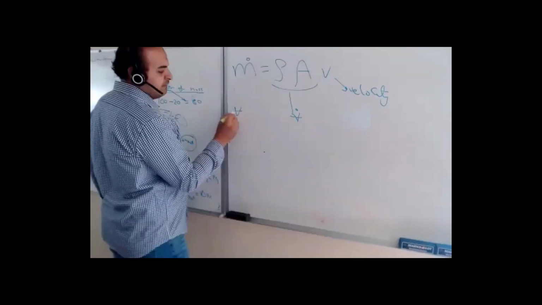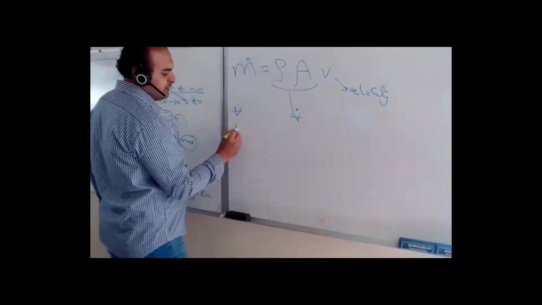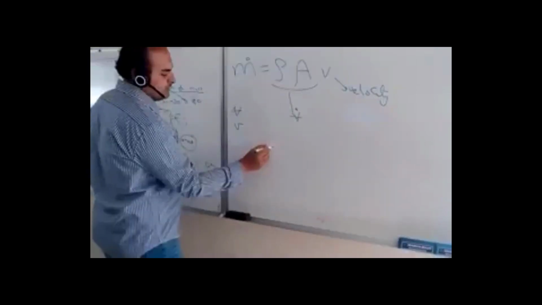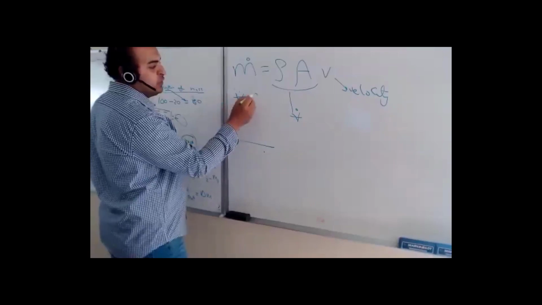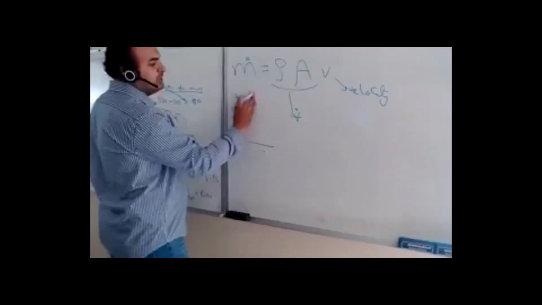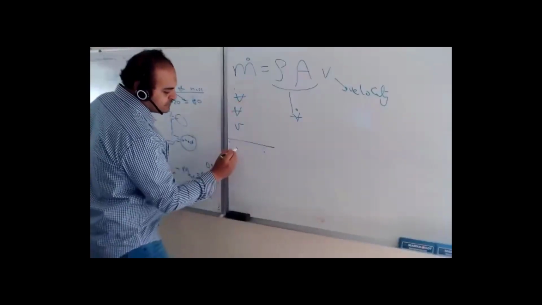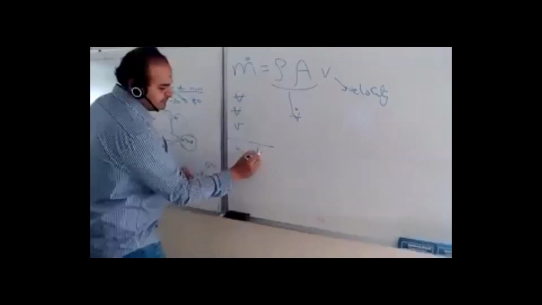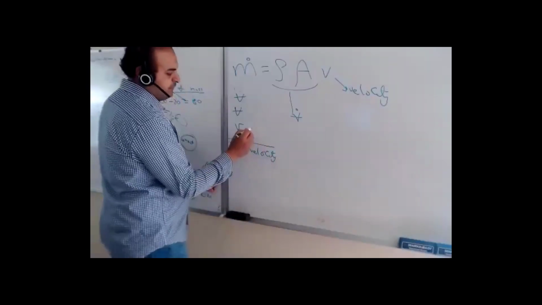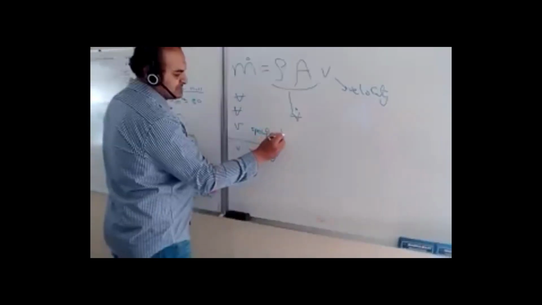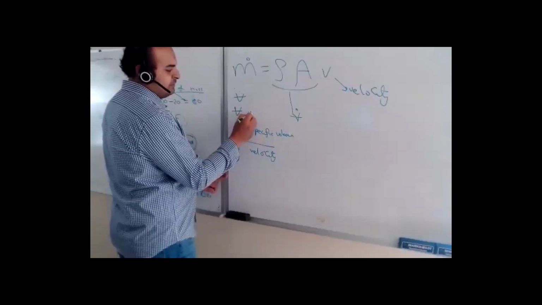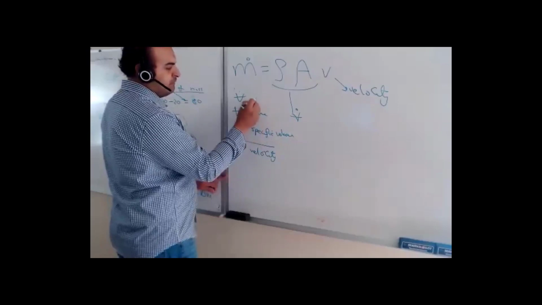We have V, volume, v, specific volume. We have V dot, which is volume flow rate. Some people use Q, but I don't like it. I use V dot. We have v small, which is velocity.